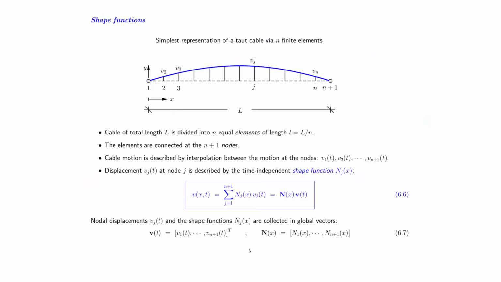What we will do now is that we will interpolate between nodal values by some kind of polynomial representation. So consider that we know the value of the cable displacement at a particular node 2, and we know the displacement at an adjacent node number 3. Then we will simply assume that in between these two nodes we will have some assumed displacement form, and this should be the lowest displacement form that will allow us to represent the internal forces.